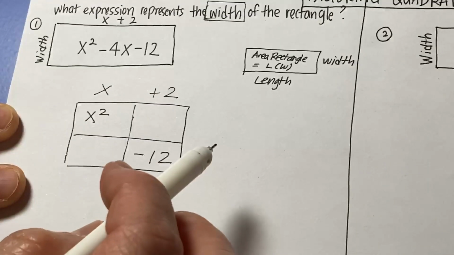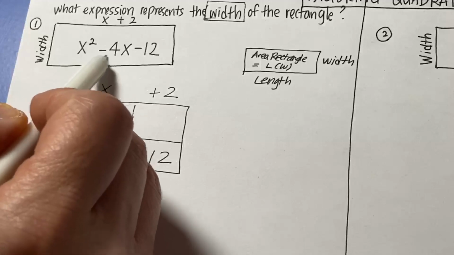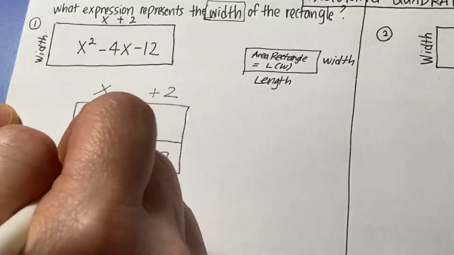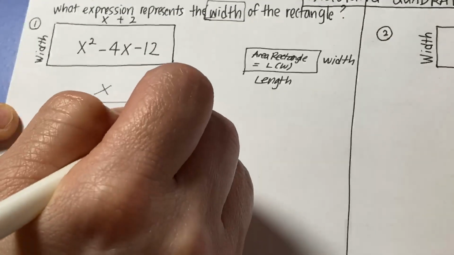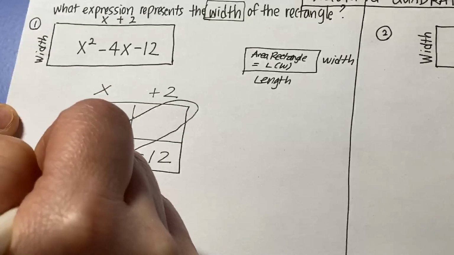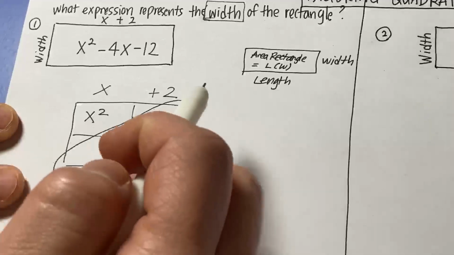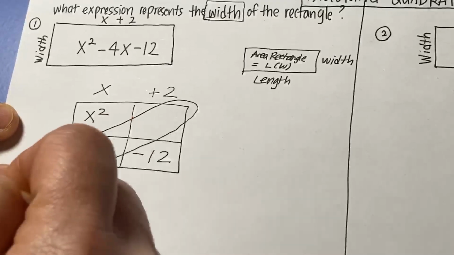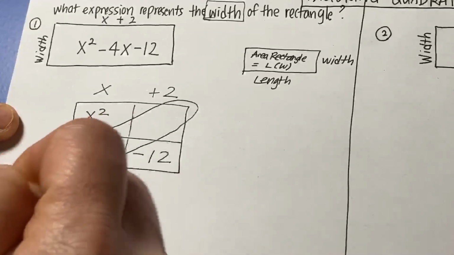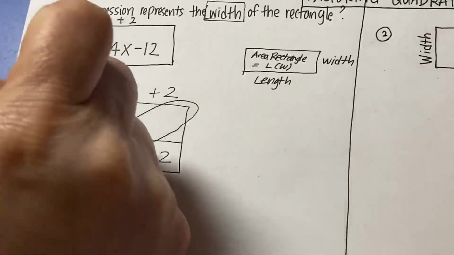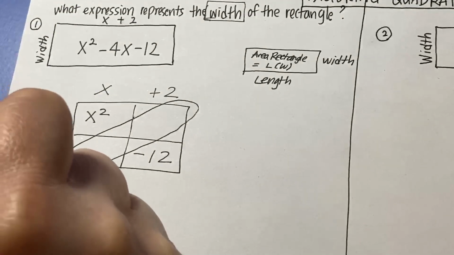Some of you are wondering, why didn't she copy down that negative 4x yet? Well, if you remember in the topic of multiplying polynomials, when we use the multiplication box, diagonally, these terms are like terms, and when they combine, in this case, they become negative 4x.